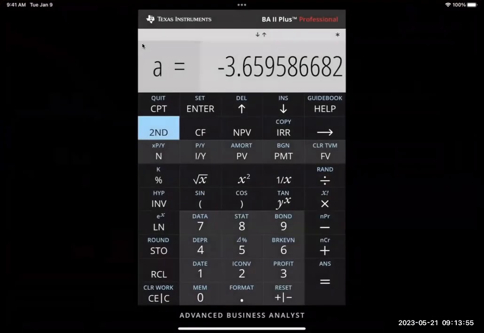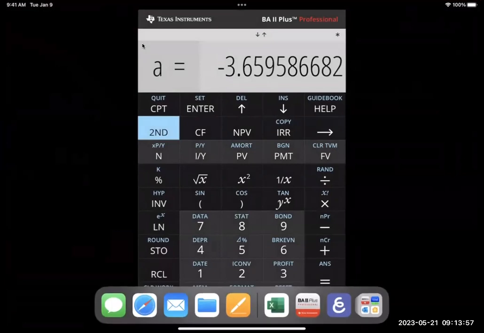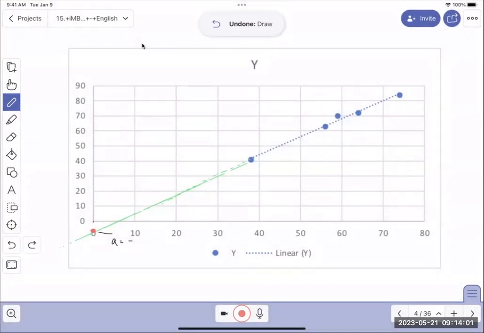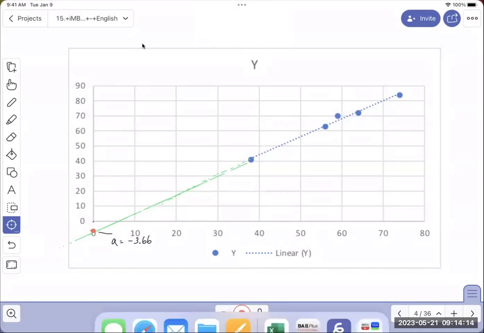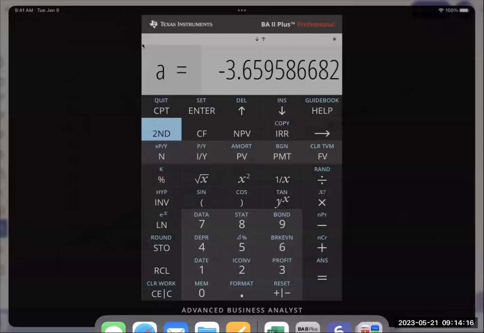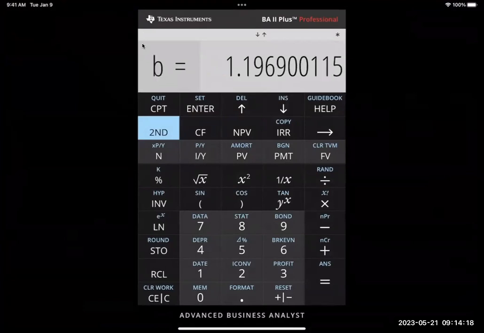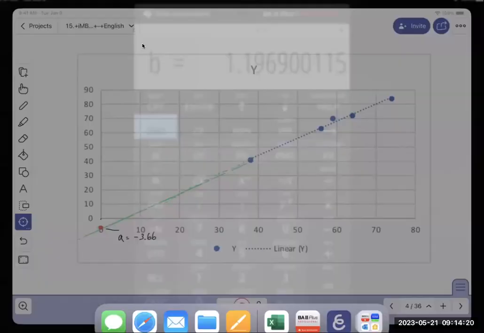It's almost negative 3.66, let's say. So that's where it's hitting. And then the slope we found on our calculator was 1.2.